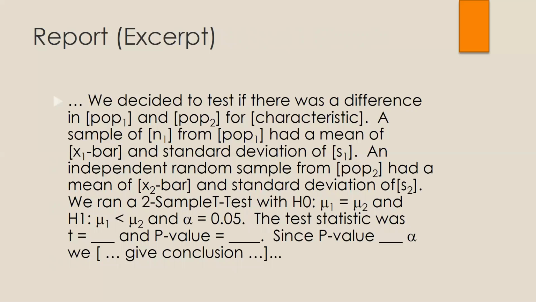An independent random sample from population 2 had a mean of x2 bar and a standard deviation of s2. We ran a 2 sample t-test, and here are the null and alternate hypotheses, and we chose a 5% level of significance. The test statistic was blank with a p-value of blank, and since the p-value is greater than, less than alpha, and then give our real world conclusion.